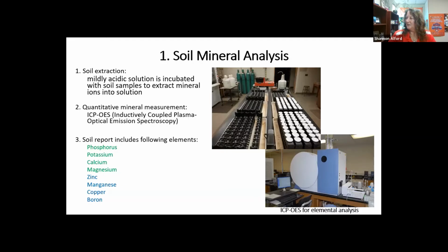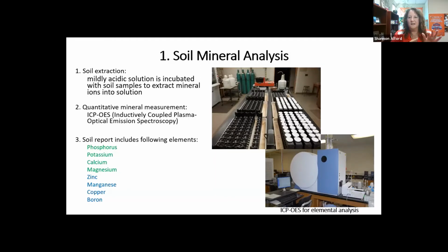I saw there was a question in the chat about the plasma torch, and I could always talk more about that, but the plasma is just the means for getting the sample ready so that we can actually count those ions. So we're looking at numbers of each element, and that's what the instrument is collecting in terms of the data.